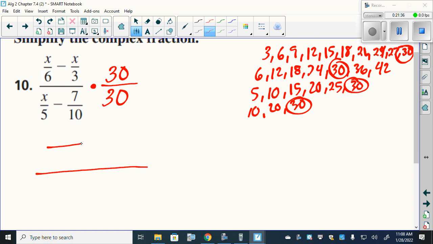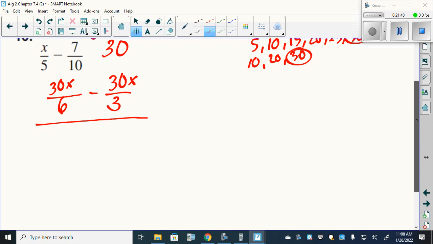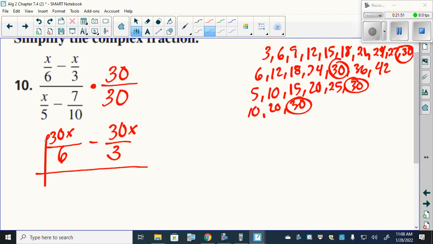So on top, we're going to have 30x over 6 minus 30x over 3. On bottom here, 30x over 5.